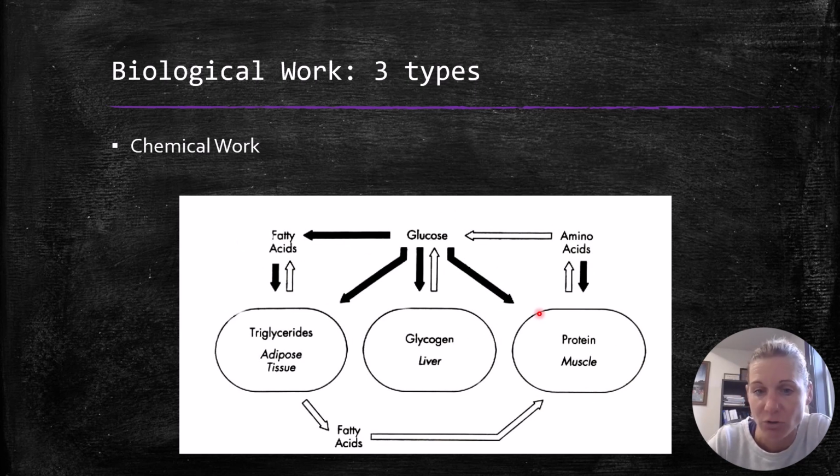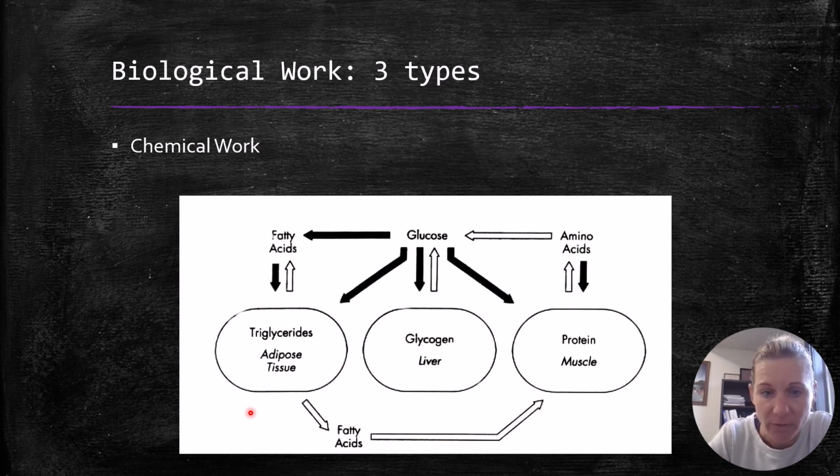So each of these arrows shows a potential change in those nutrients based on the needs. Okay, so again, check out glucose. Glucose has a lot of different options in terms of manipulations. And again, that certainly tells us that glucose is really important in terms of keeping our metabolism rolling. And again, we'll talk in more detail about that, but check it out here.